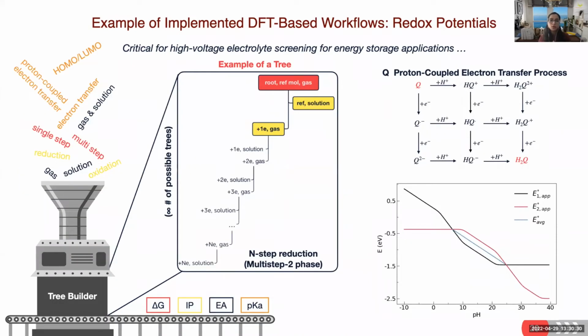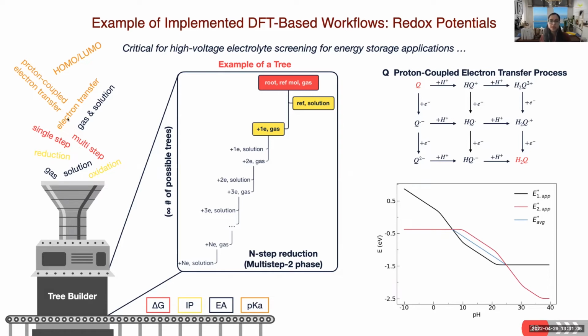Another DFT-based workflow is for the redox potential, which is critical for screening high voltage electrolytes. There are a lot of possible models and variations in the literature for these calculations. For example, we can just calculate HOMO and LUMO energy levels, which is computationally much less expensive, or we can compute the energy for electron transfer in gas phase or in solution phase, or we can have a complete thermodynamic cycle, which is more accurate but more expensive.